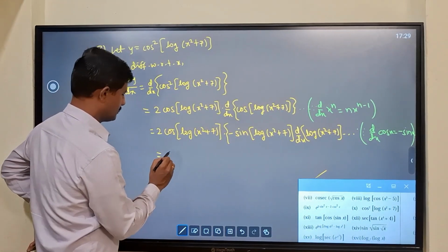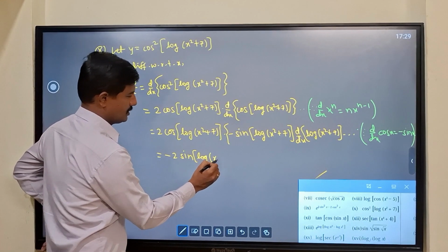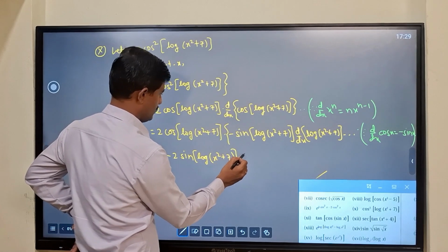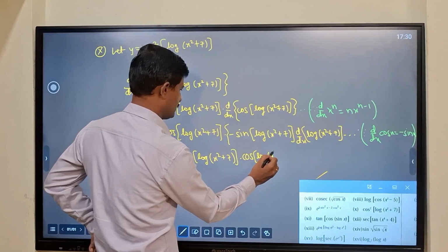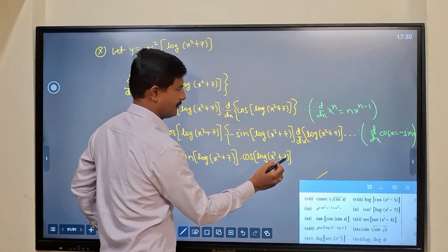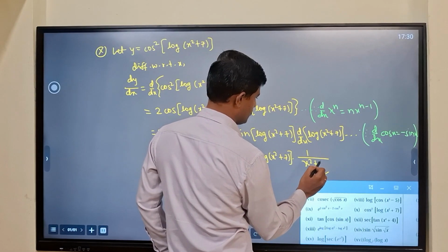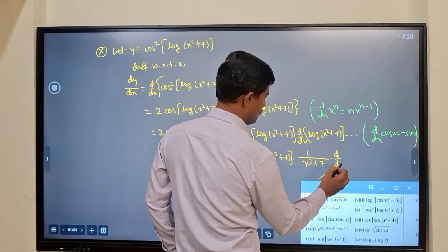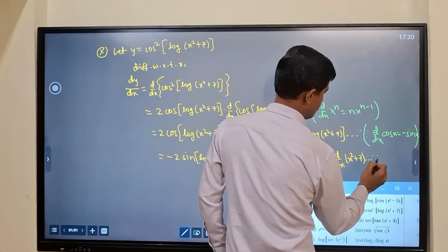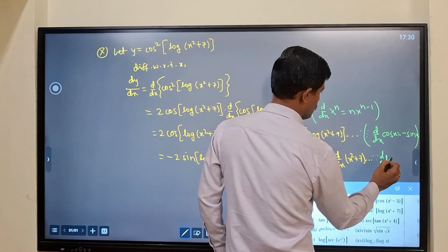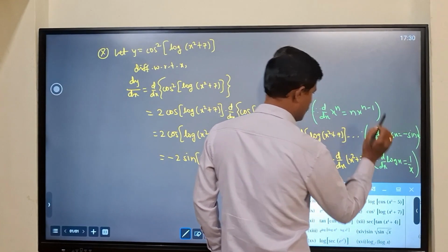I will write this down like this: minus 2 sin log of x square plus 7 into cos log of x square plus 7. Differentiation of log x is 1 upon x, so 1 upon x square plus 7 into d/dx of x square plus 7. Here we use the formula d/dx of log x is 1 upon x.